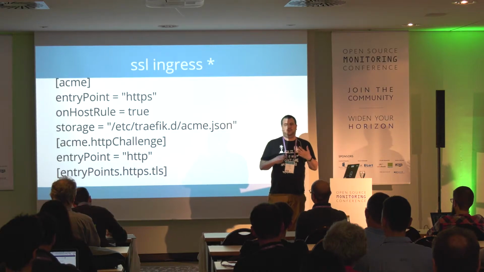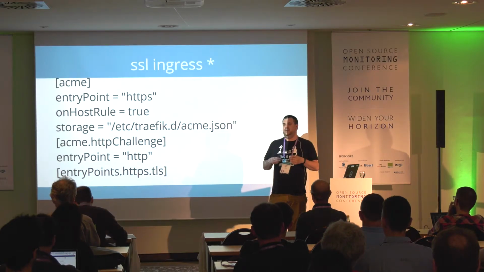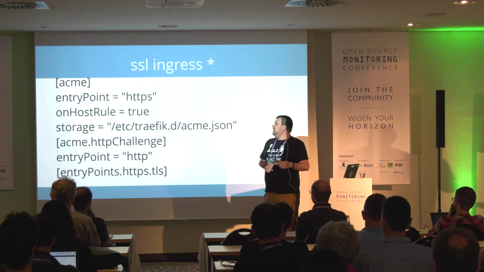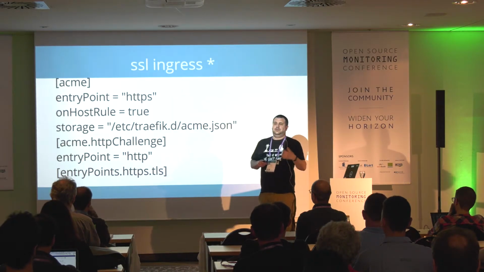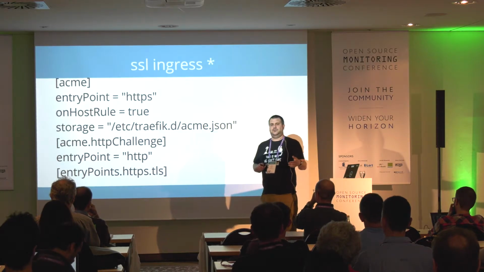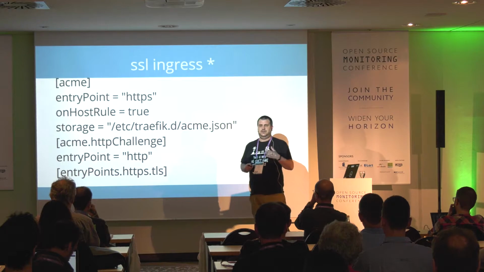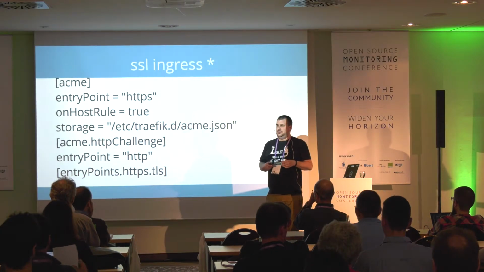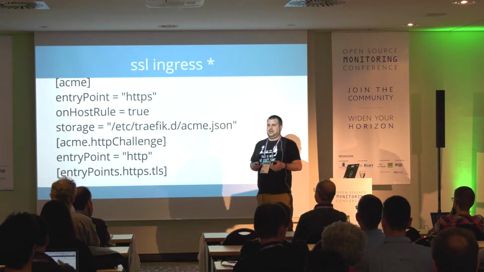There's a section called ACME with the entry point specified as HTTPS. That's where we need to serve those. The asterisk is about the following setting, the on-host rule, where you can request certificates in advance, or you can request certificates at the moment Traefik works out you need one. Normally that's fine.